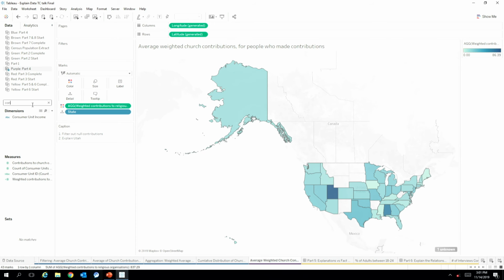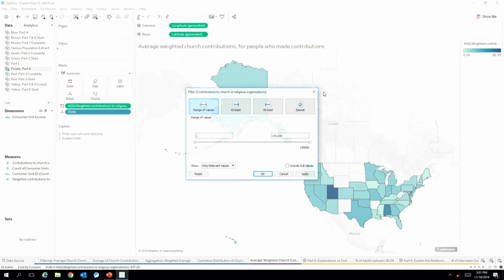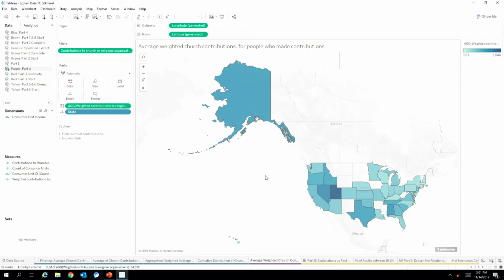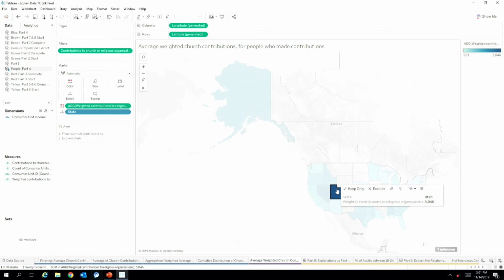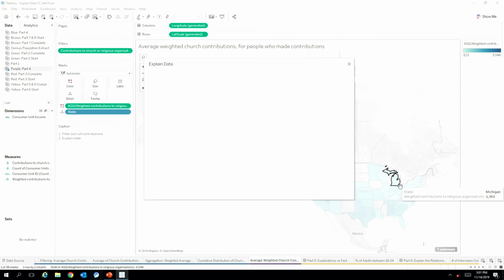I could take that measure of church contributions and then go and filter out the null values. And so now if I explain the weighted contribution just for the population who makes contributions in Utah, let's see what we get here.